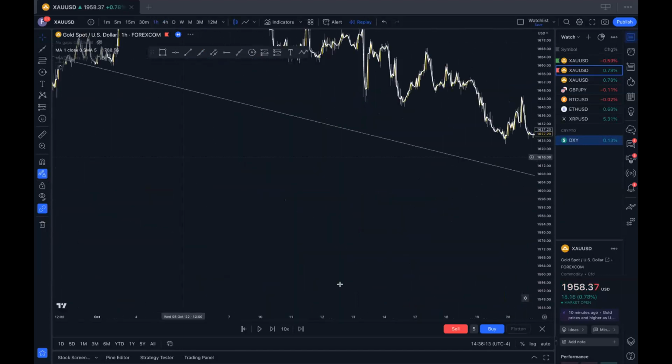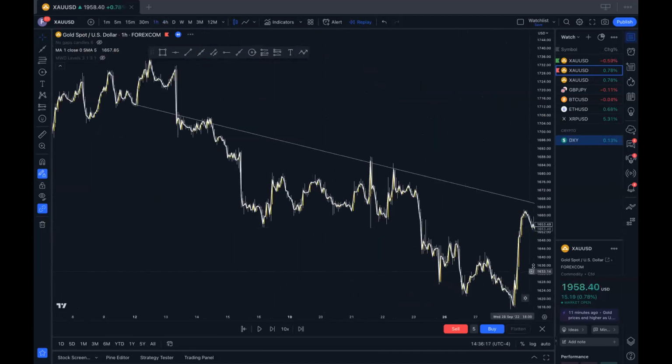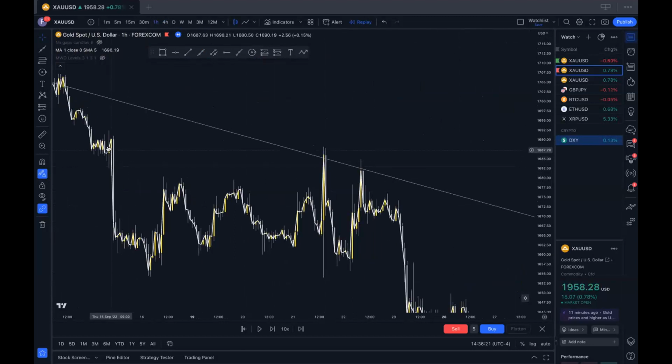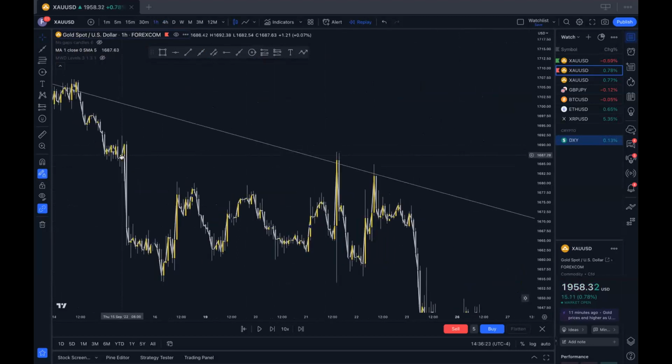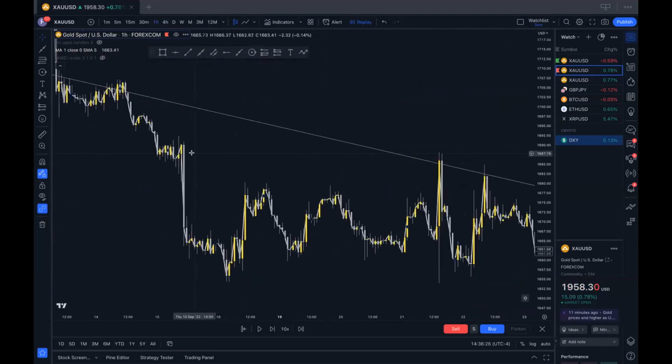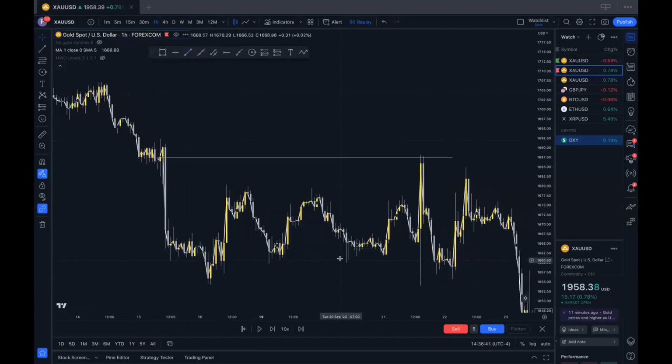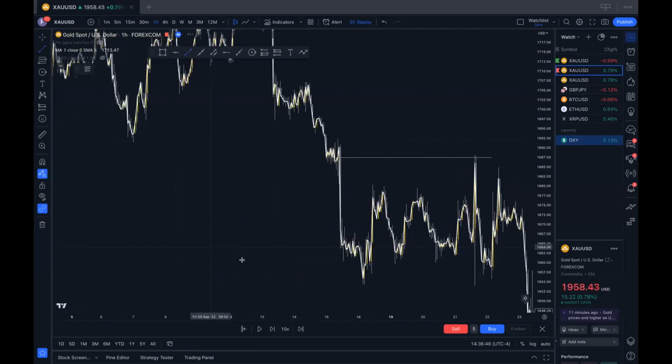You see the gap level, but price actually tapped into our trend line first. Seeing that this is a high time frame trend line, we don't give it that much weight. So we actually have to look for one on this time frame. What can we find here?